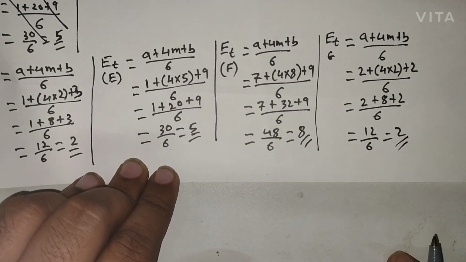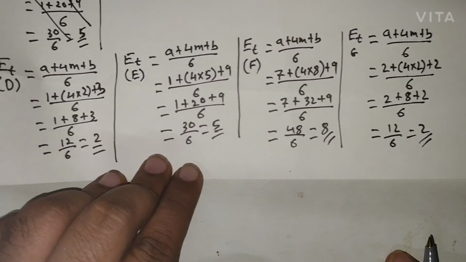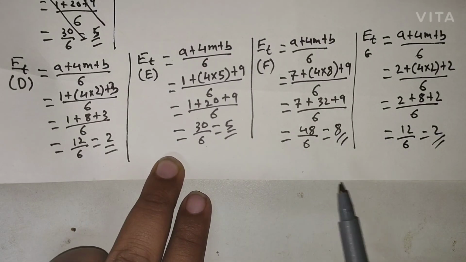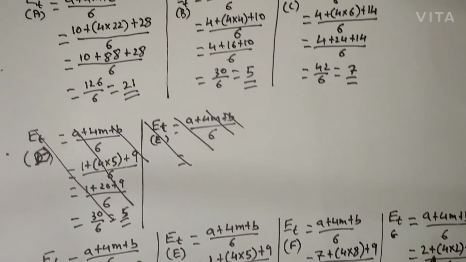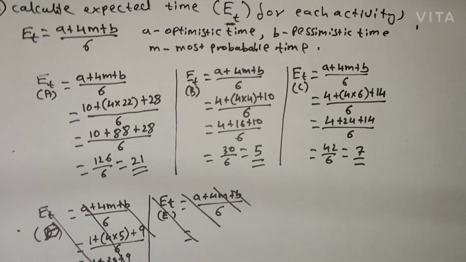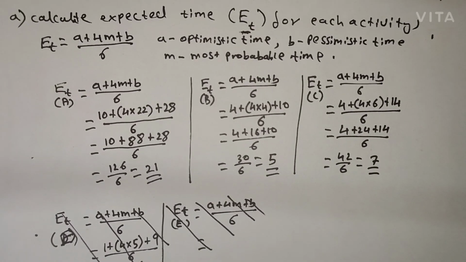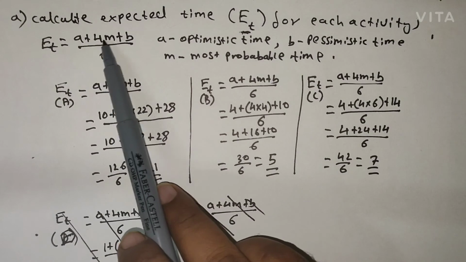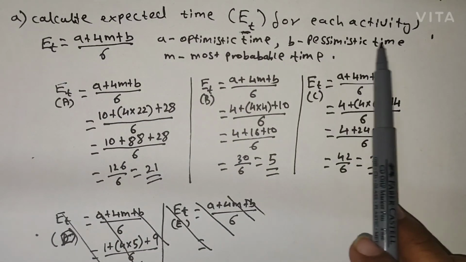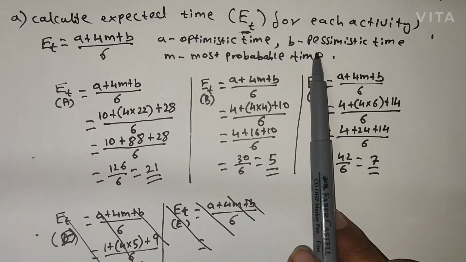So here we found the expected time for all the activities. This is the formula which we use: expected time is a plus 4m plus b divided by 6, where a is the optimistic time, b is the pessimistic time, and m is the most probable time.